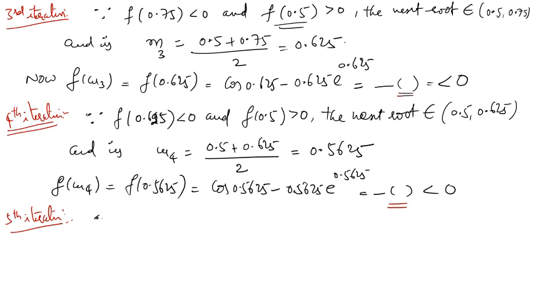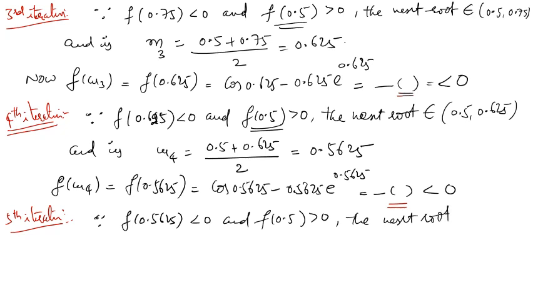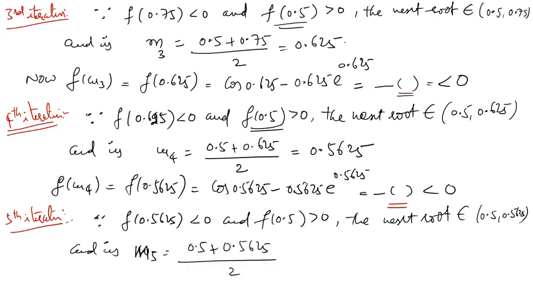Now since f of 0.5625 is less than 0 and f of 0.5 is positive, the next root belongs to the interval 0.5 comma 0.5625. m5 equal to 0.5 plus 0.5625 by 2.